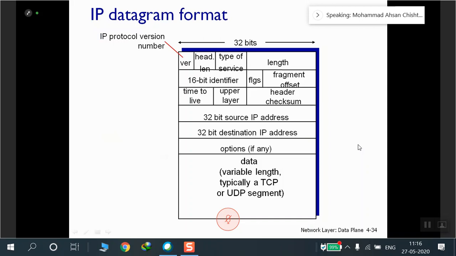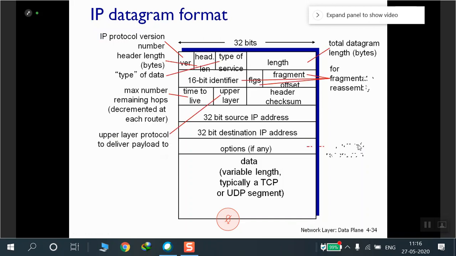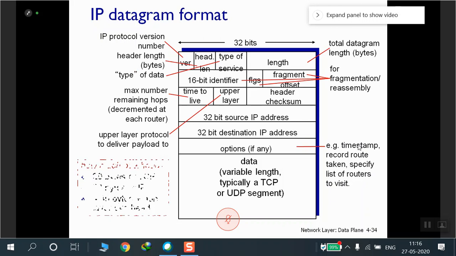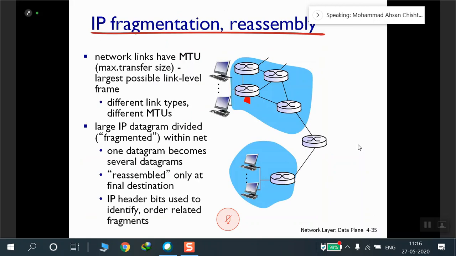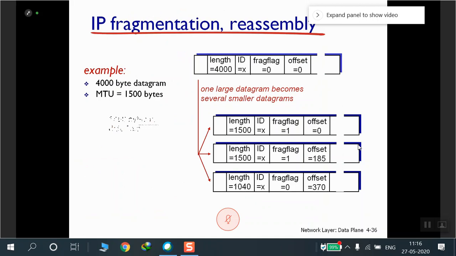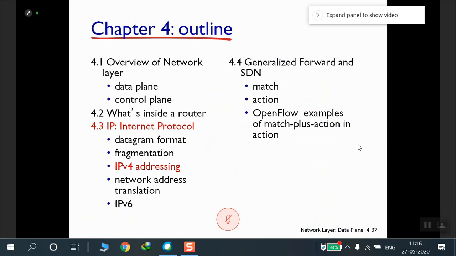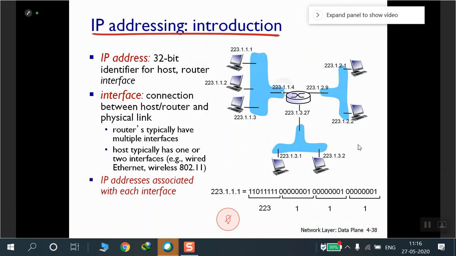Let me see. Okay. If we have a link here, each link has its own IP address.